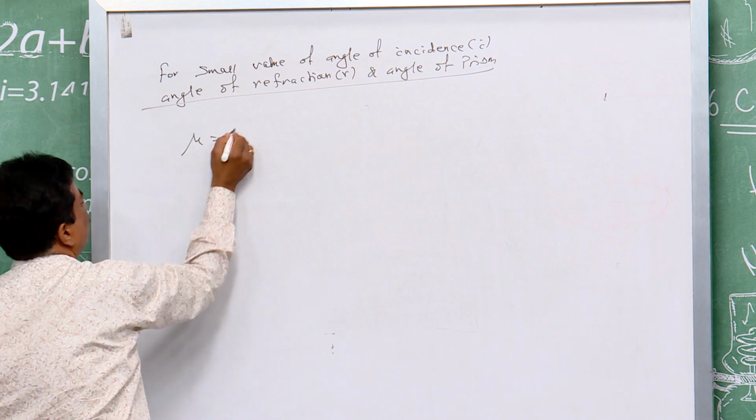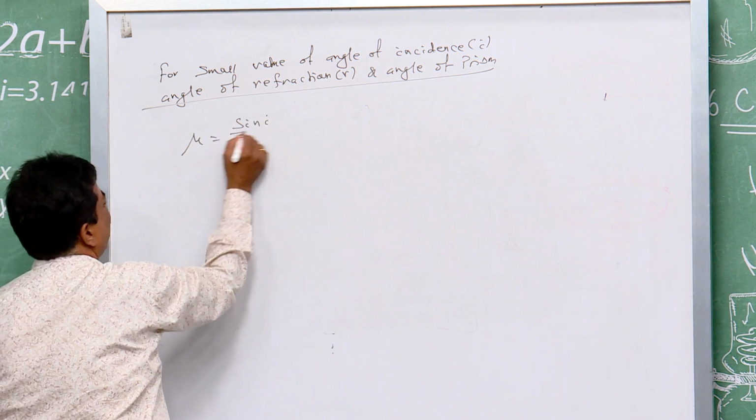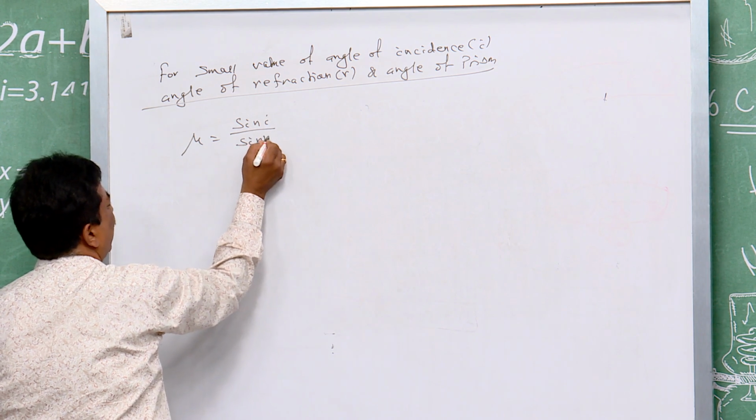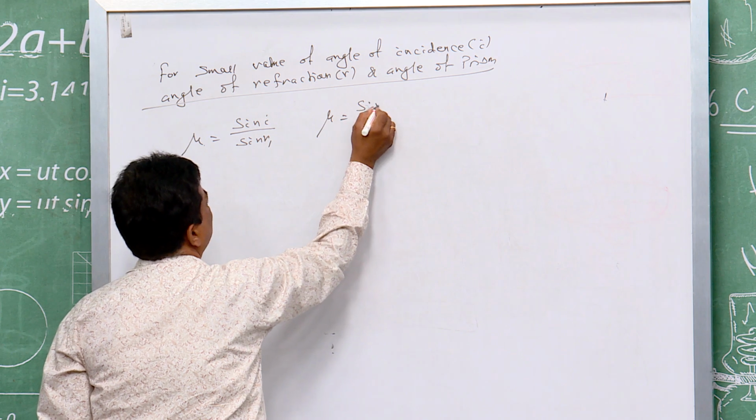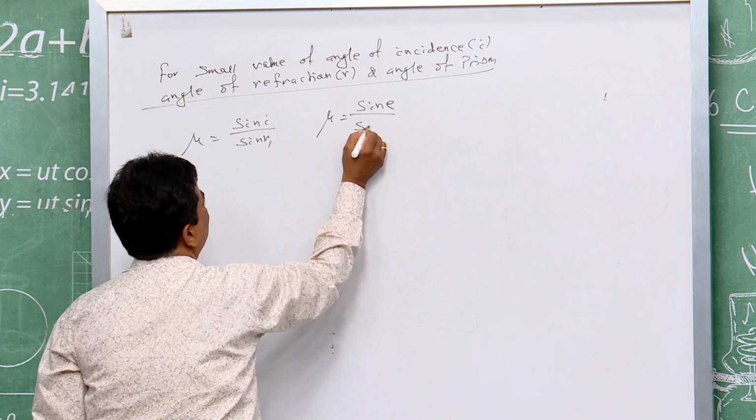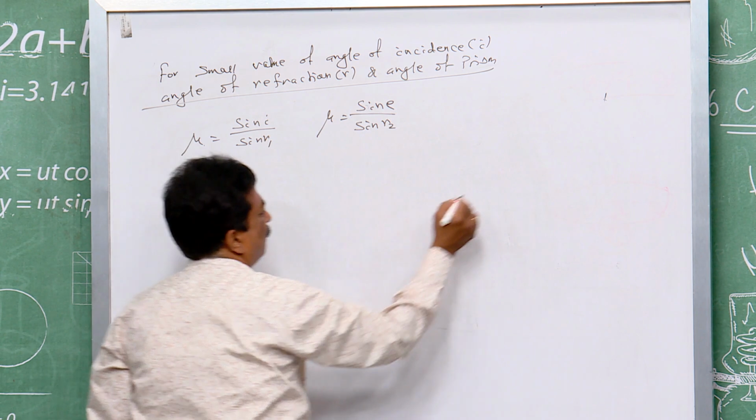You know that mu is equal to sin i by sin r1, and mu is also sin e by sin r2.